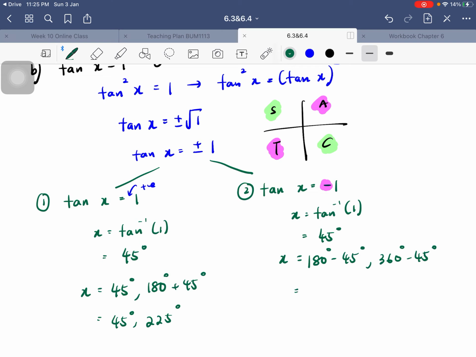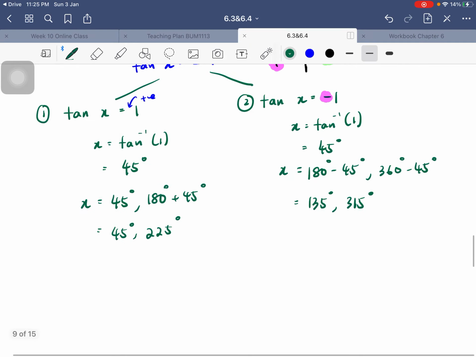When I do my calculation, 180 minus 45 gives us 135 degrees, and 360 minus 45 is going to be 315 degrees. So here none of our angles actually exceeded 360 degrees.